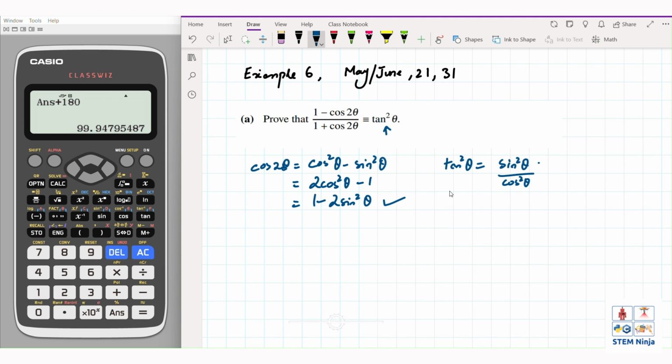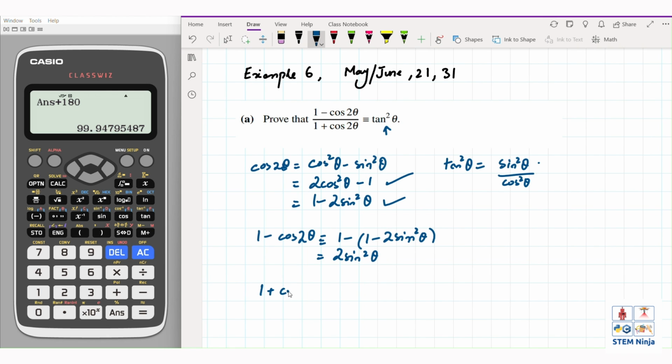And for the denominator, we will choose the one with the cosine. So 1 minus, we will choose the sine one, 1 minus 2 sine squared theta. So this 1 and 1 will cancel out, so we are left with just 2 sine squared theta.